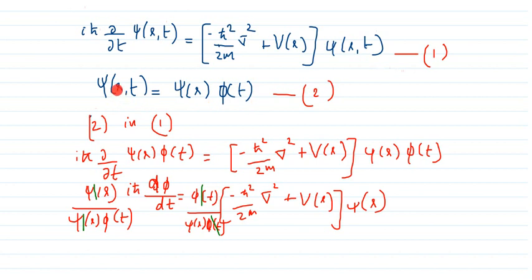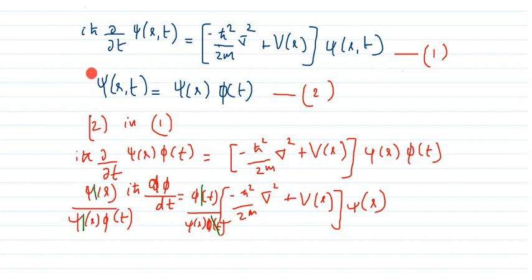We have two different variables r and t in the wave function psi, and using the variable separable method we can separate the variables of a function like this. So now we have a spatial part of the wave function and the time part of the wave function.